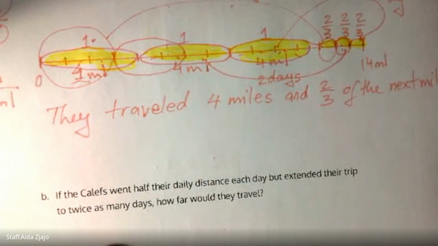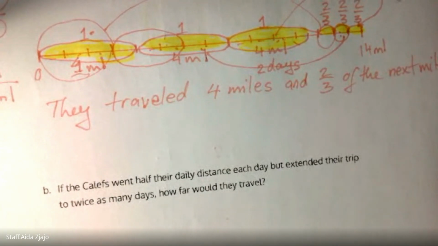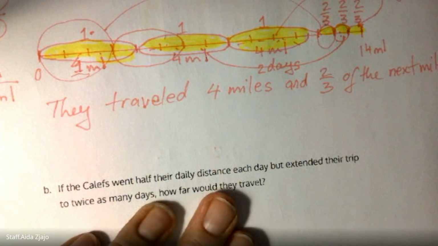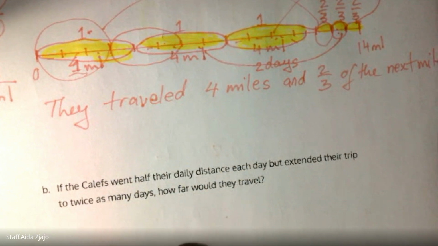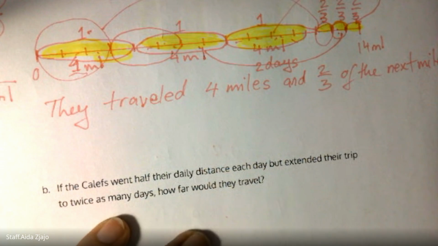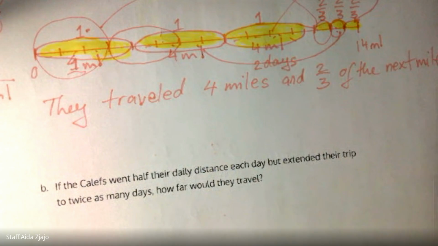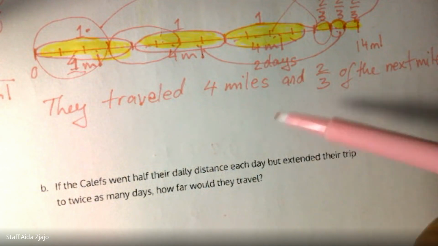If the calves went half their daily distance each day, but extended their trip to twice as many days, how far would they travel?